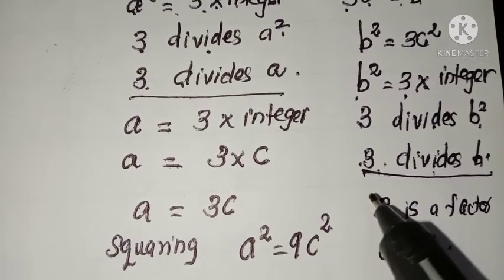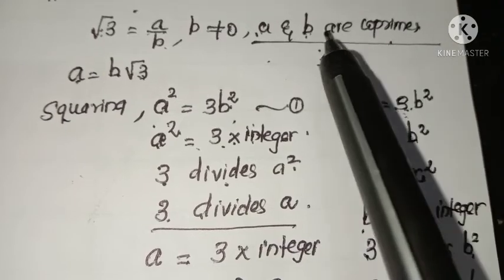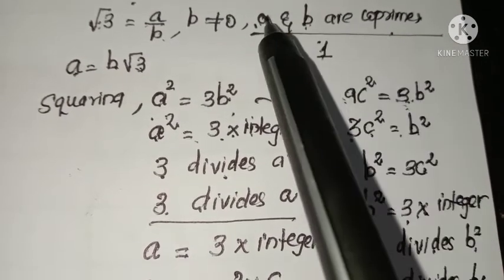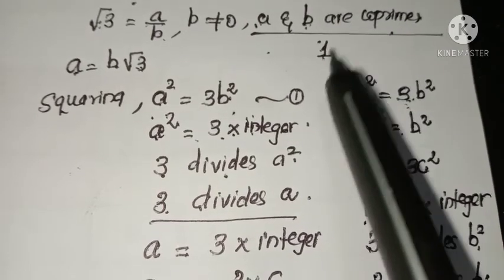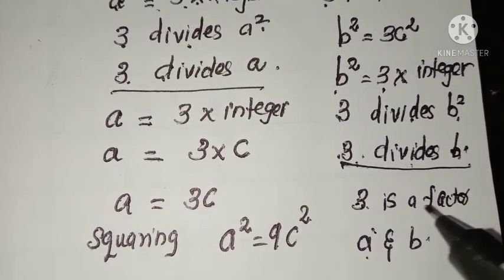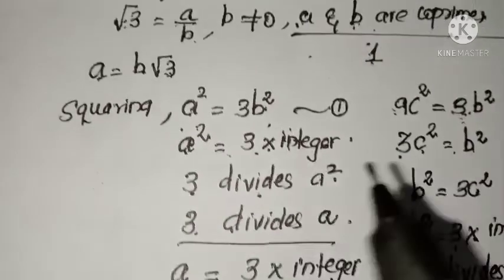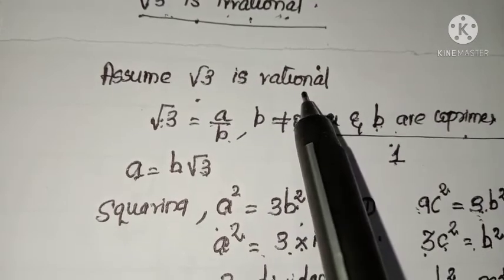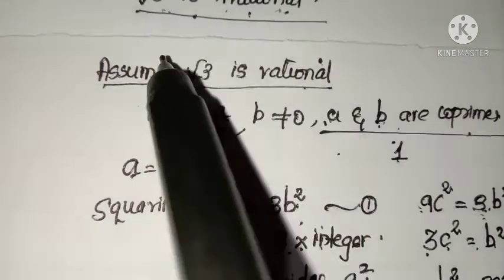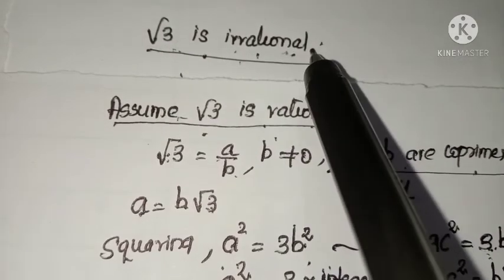This is the meaning. What we assumed is that there is no common factor other than 1. The only common factor of a and b is 1, that we assumed. But here we got 3 is a factor of a and b. So what is the meaning? Our assumption is wrong. What did we assume? Root 3 is rational. So our assumption is wrong means root 3 is irrational.